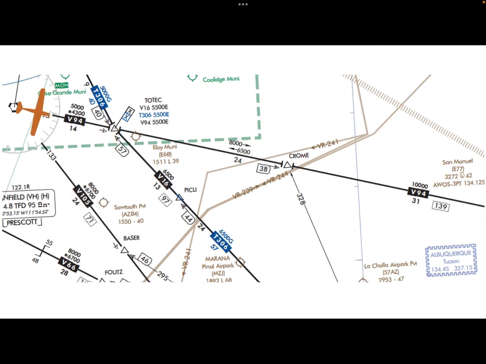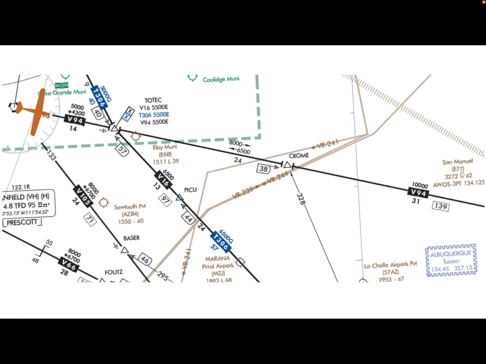When traveling along a route from one MEA to another, a pilot is required to pass the intersection where the change is marked on the chart at or above the first MEA, unless the intersection has a minimum crossing altitude, or MCA, which we're going to talk about later.